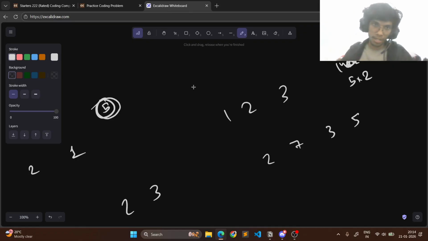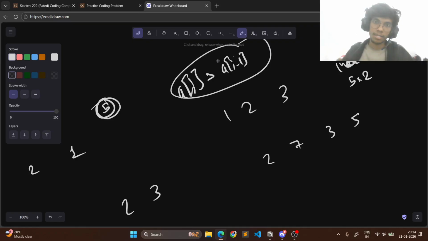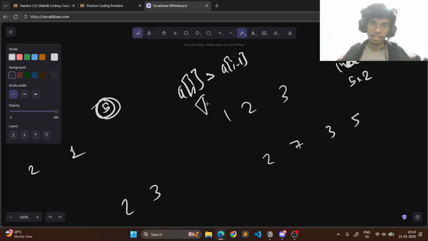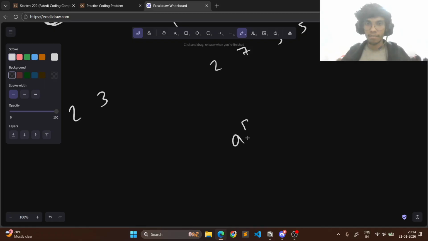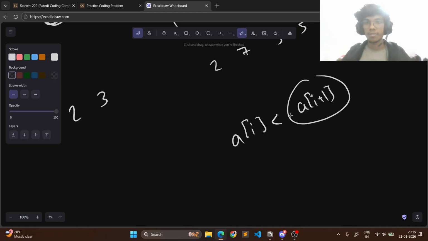So if A[i] is greater than A[i-1], then I should wait, and it's very likely then I will want to sell on the later day. Or let's write it like this: if A[i] is lesser than A[i+1], then it is better for me to sell there, right?